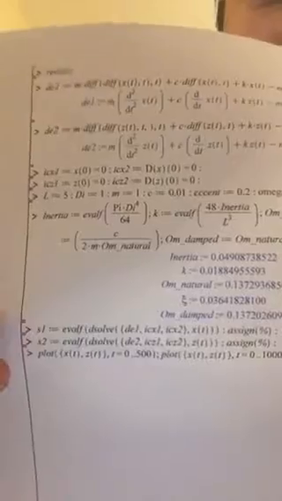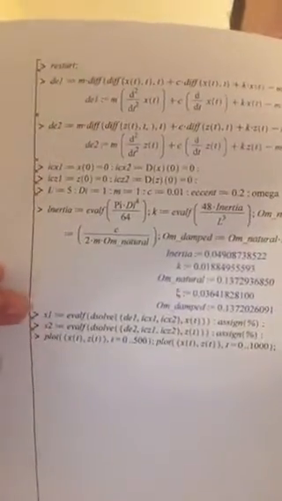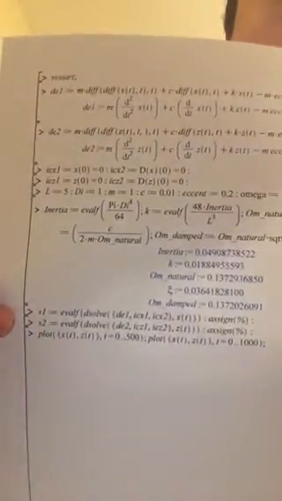And then from there, what I can do is solve these equations of motion to get my x of t and my z of t, which are right here, solved. And then from there I can plot x of t and z of t as a function of time. I've done it at two different values, with the change in a variable.